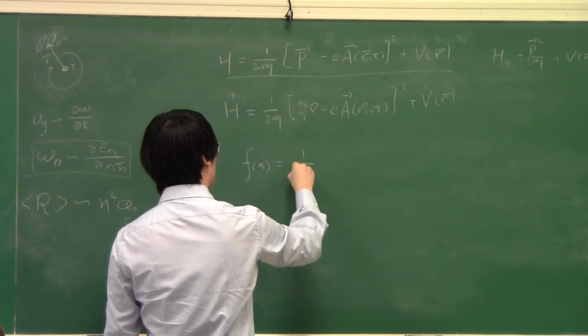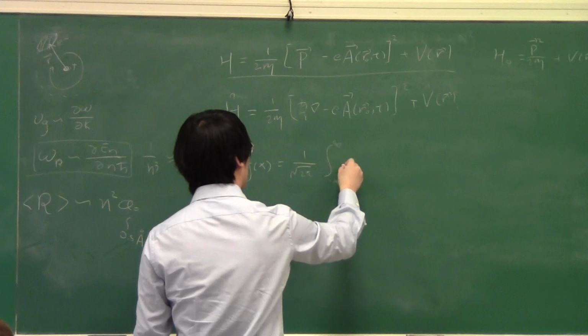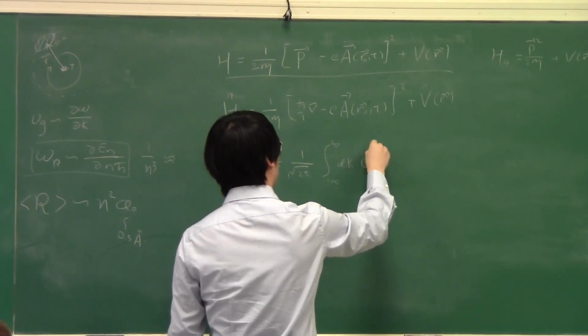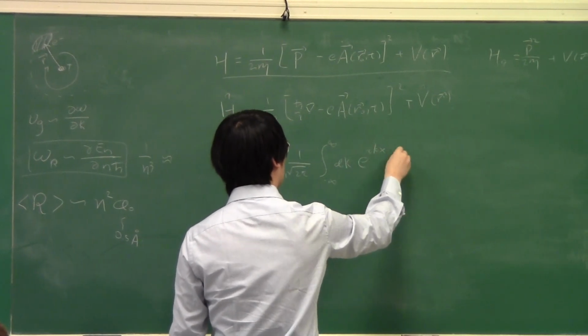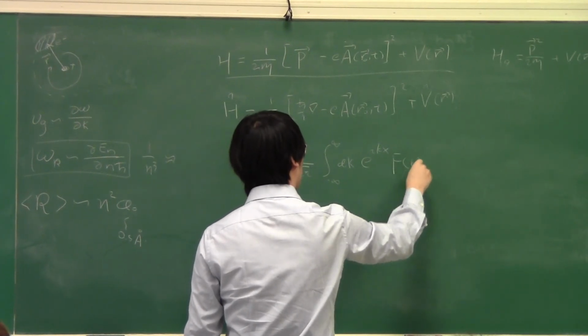If I wrote down the inverse Fourier transform for you, the integral dk of e to the i k x times f of k.